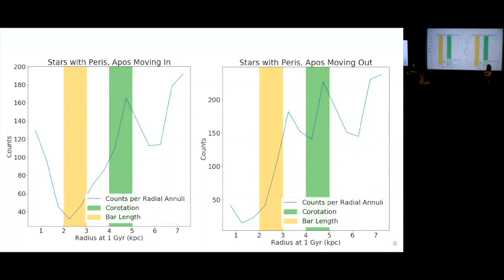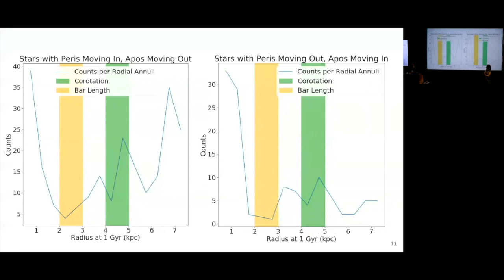That makes sense. So these in total are 1,000 or so stars in my selection, like 1,000 to 3,000. And then for pericenters and apocenters moving in different ways, we're down to a couple hundred. Okay. So it's much less common, but maybe more interesting because it's not looked at as much. Okay, cool. Thanks.